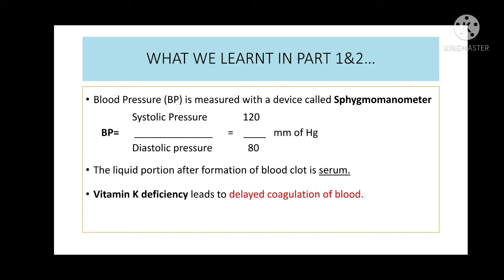The numerator indicates systolic pressure, whereas the denominator indicates diastolic pressure. The liquid portion after formation of a blood clot is called serum. Vitamin K deficiency leads to delayed coagulation of blood.